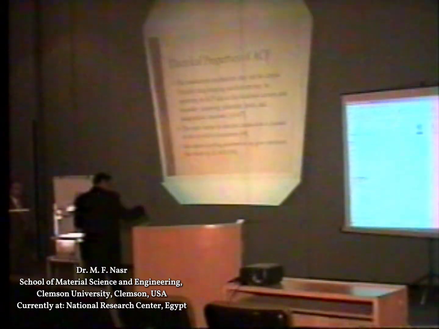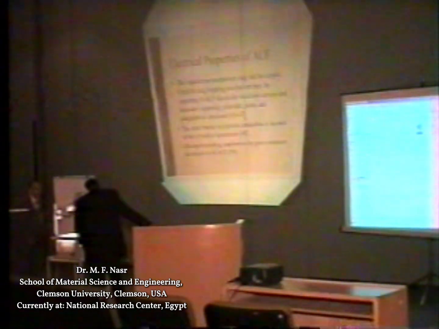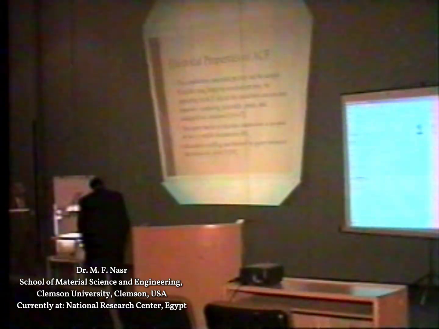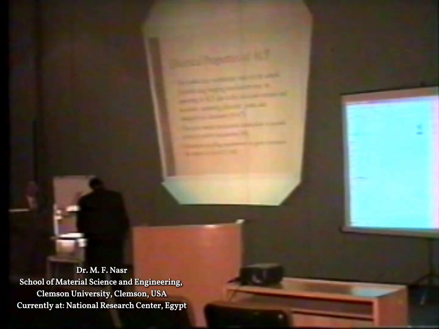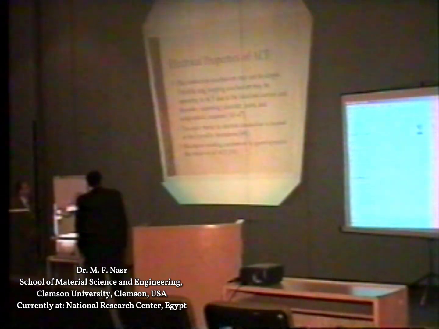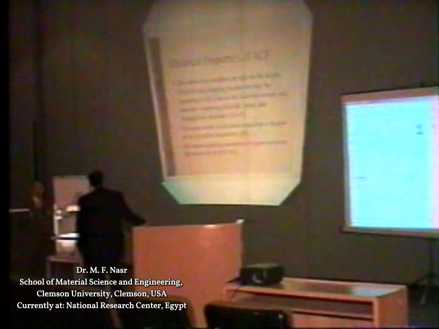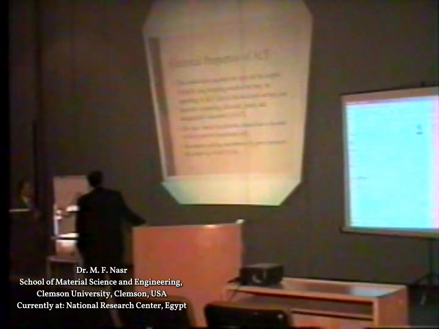One of the most important criteria also of the activated carbon fiber is the electrical properties. The regular carbon fiber conducts very well because, like I said, it's more crystalline and the crystallite layer is very well developed. But here we have small crystallites, so now the electrons, which are the charge carriers in this case, have to hop or move from one crystallite to another, and that's why the conductivity in activated carbon fiber is less than the regular carbon fiber.